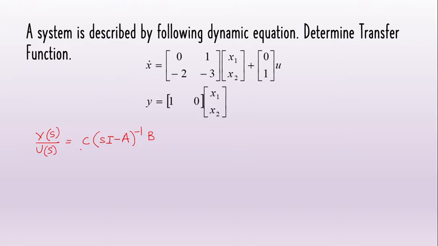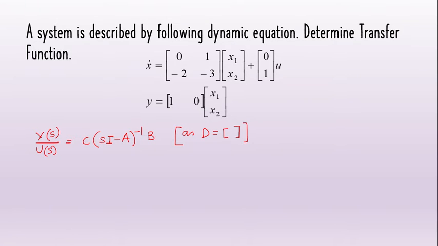So my expression will be C (sI minus A) inverse B, as D is a null matrix, D is 0.